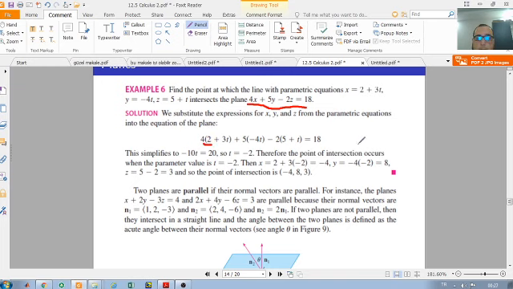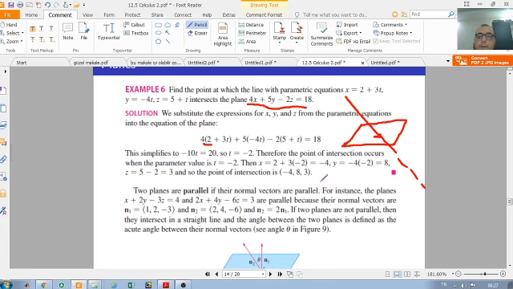You see, actually geometrically our aim is to find the intersection point of the line and plane given in the example. This is the plane and the line will be, for example, in this form, and our aim is to find this point, which is the intersection of the line and plane.